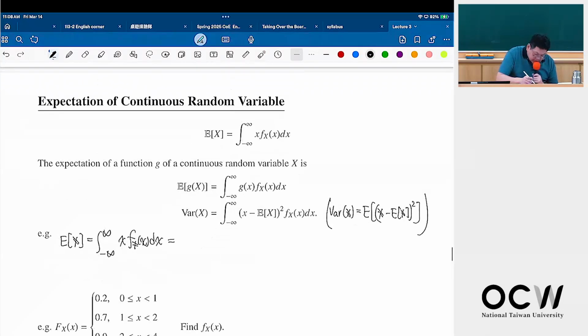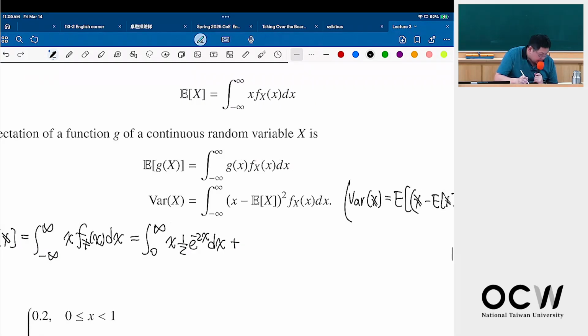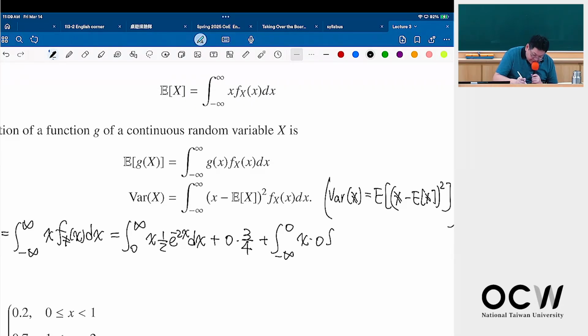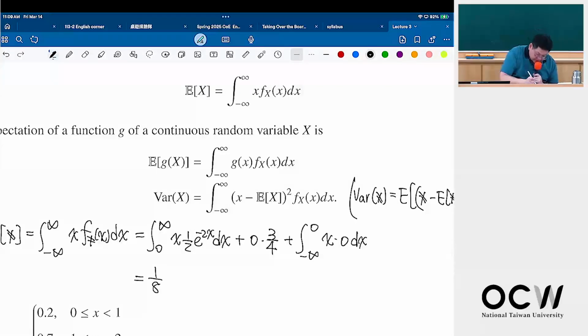So it's from 0 to infinity, and the x and the PDF 1/2 e to the minus 2x dx. And at 0, I have 3/4. And from minus infinity to 0, I have x times the PDF, and the PDF is 0. So this gives you 1/8.